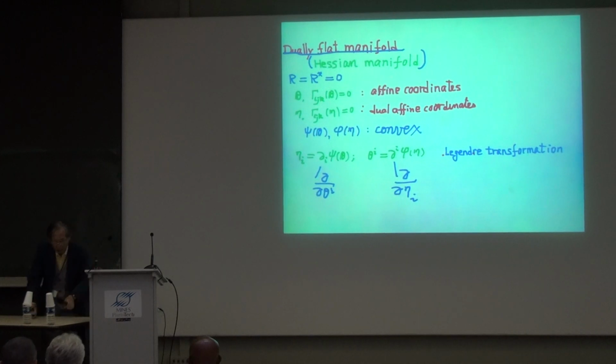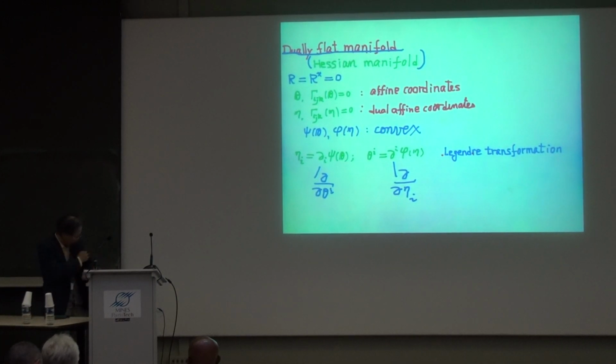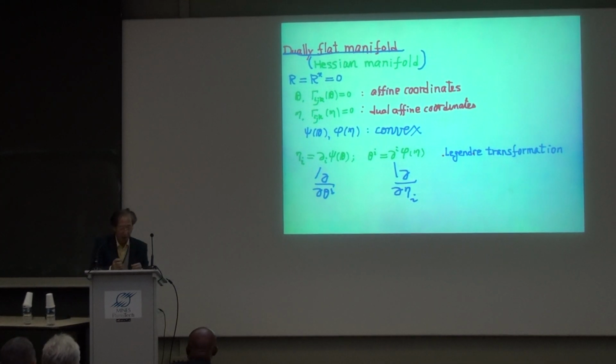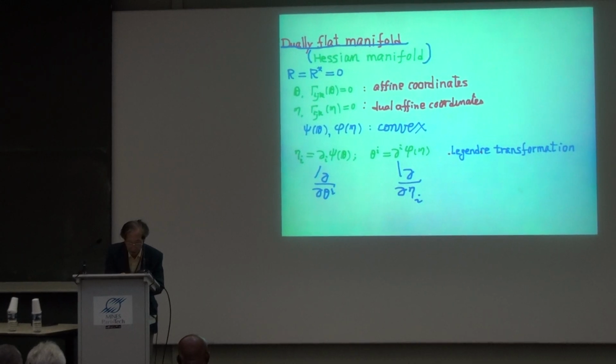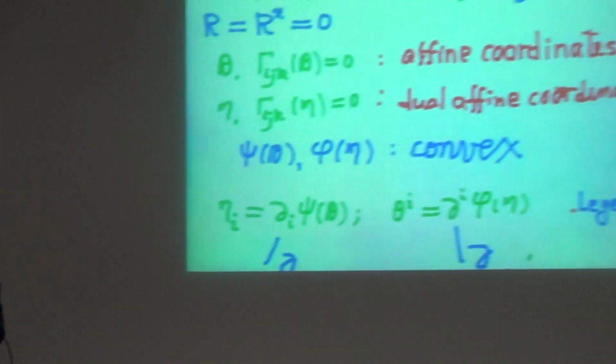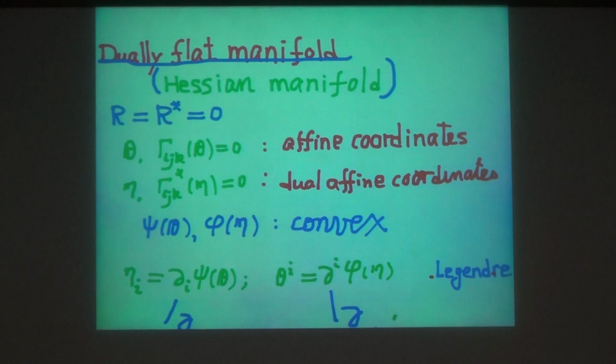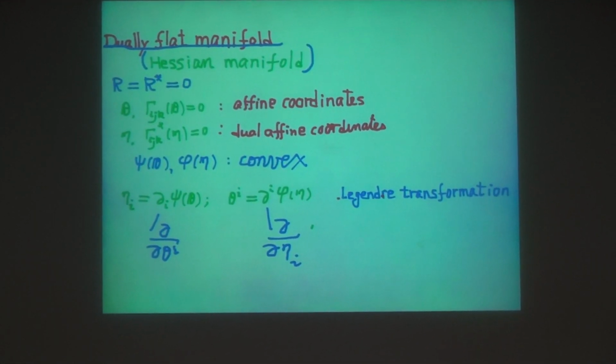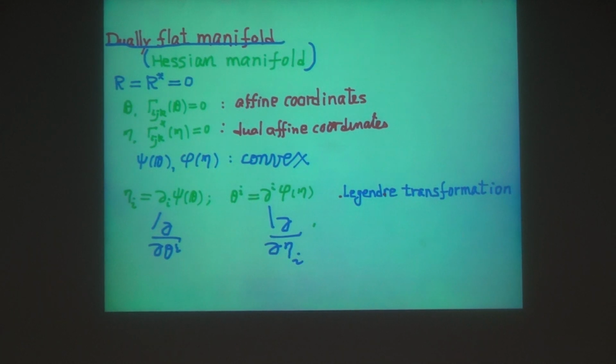Then the manifold is dually flat, with two affine coordinate systems such that the affine connection vanishes.